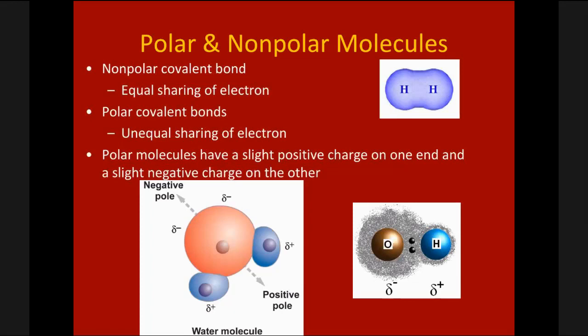The elements in your bond are sharing the electron equally. And because it's even-steven, spending equal time in both elements, there is no slight charge: nonpolar. Polar covalent bonds result anytime there's unequal sharing. One element in that bond is more electronegative than the others.